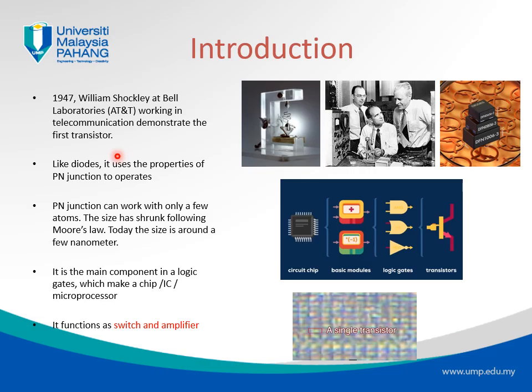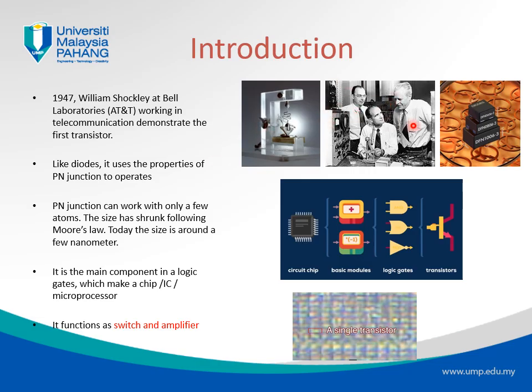In the previous chapter on diodes, we explained quite briefly how we create a P and N junction on semiconductor materials. And now it also uses the same properties of that PN junction to make a transistor work, right?